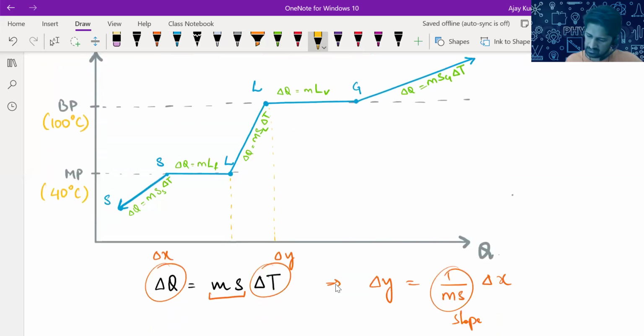Let's say the heat supplied till here was some 4000 joules, and here the coordinate is say 5000 joules. Just an example that I'm taking. And assume the mass of the object is some 2 kg. So when the change in temperature of a 2 kg object was plotted as a function of heat supplied, this is the graph we got. Tell me the specific heat of this object in liquid state.